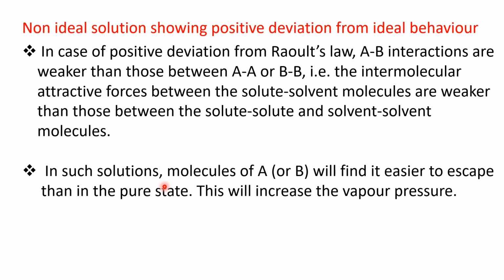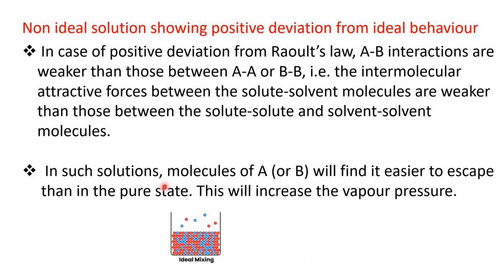So, in such solutions, as the intermolecular forces of attraction are weaker, component A or B will easily escape into the vapor state compared to their pure state, and therefore more vapor is formed, and this will increase the vapor pressure.